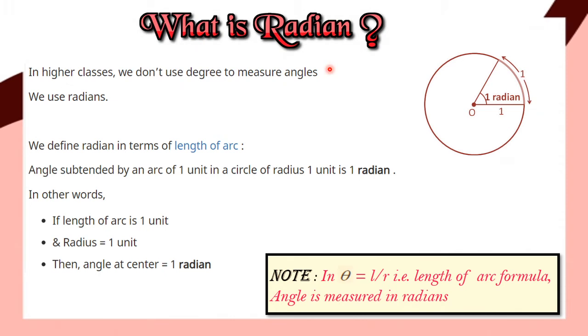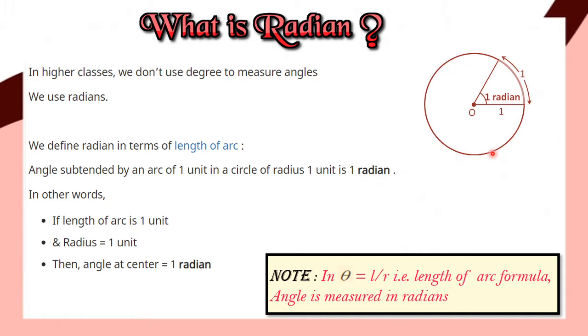Now what is radian? Students, this is the measure of angles. In higher classes we don't use degree to measure angles, we use radian. So we define radian in terms of length of arc. Angle subtended by an arc of 1 unit in the circle of radius 1 unit is always 1 radian.